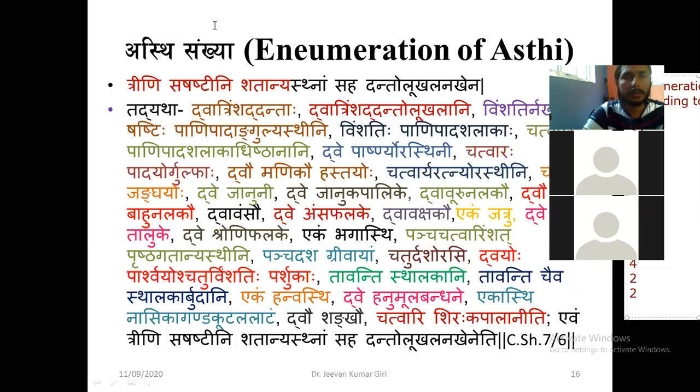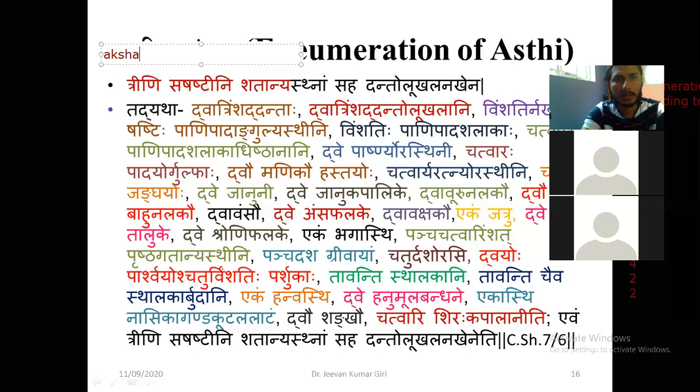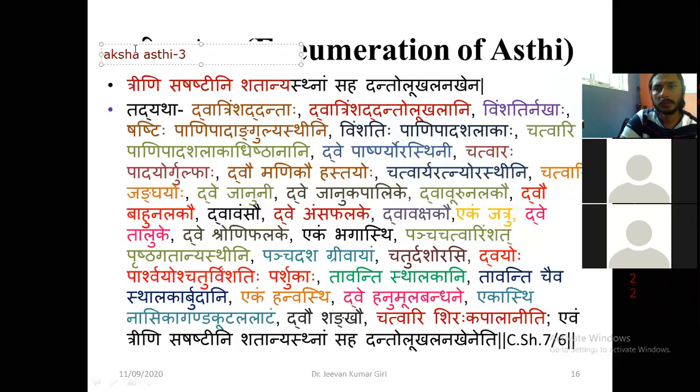Actually you have to write in Devanagari only. Here it is difficult to type Devanagari, so I am not writing it here. So Aksheka Asti, that is 2. Next Ekam Jatru.